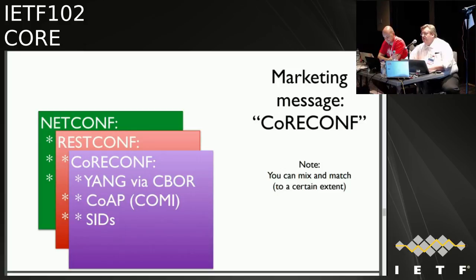And what they are doing is they're using HTTP as their way of getting data from A to B. They are using JSON as their serialization, but of course they can continue to use XML if somebody really wants to do that. And they are using the same Yang models that are being used in netconf, modulo a few minor things that are just different between the XML-based protocol and the HTTP-based protocol.